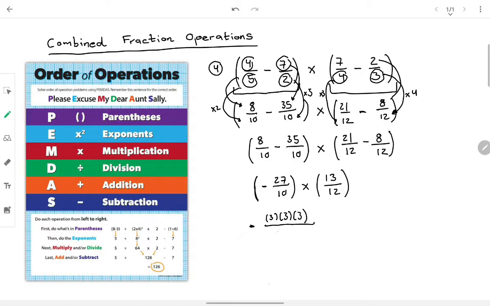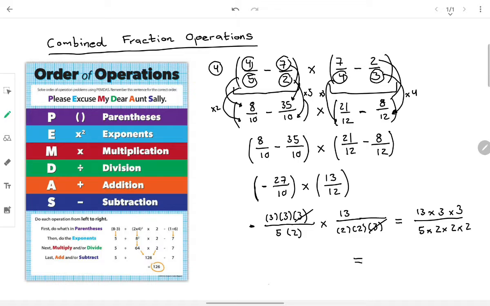In the bottom will be 5 times 2 multiplied by 13, that is a prime number, and 2 times 2 times 3. So we can eliminate one 3 with one 3. So we will get 13 multiplied by 3 multiplied by 3 over 5 multiplied by 2 multiplied by 2 multiplied by 2.